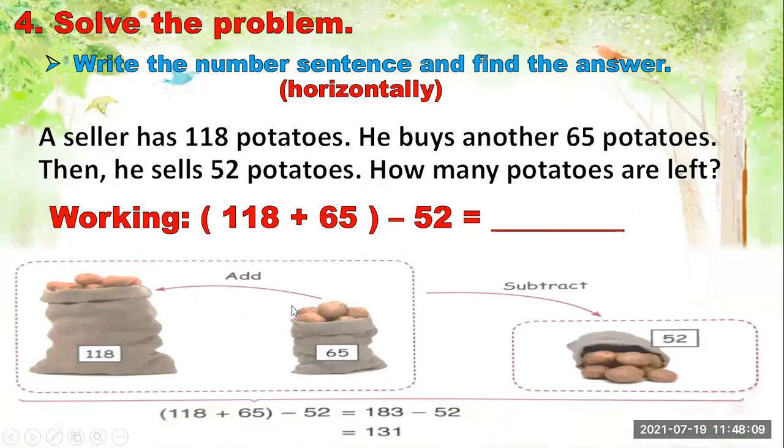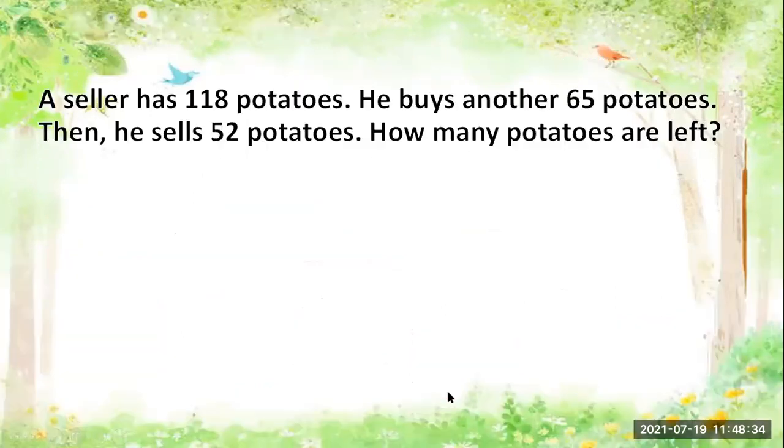So 118 plus 65 is equal to 183, right? If we add these two, 118 and 65 potatoes is equal to 183, minus 52. So 183 minus 52 is equal to 131. Okay, so the answer here is 131.